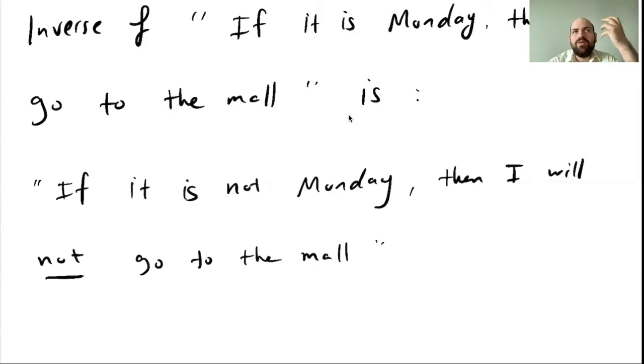Let's say I know as a fact that if it's Monday, then I go to the mall. But can I really conclude? Can I be sure? Can I have a guarantee that if it's not Monday, then I will not go to the mall? Of course not, because like I said, I may have free time on Monday, therefore I'll go to the mall, but maybe on other days I also have free time. Let's say, for example, on Thursday, again, I don't have a class, therefore on Thursday I also go to the mall.